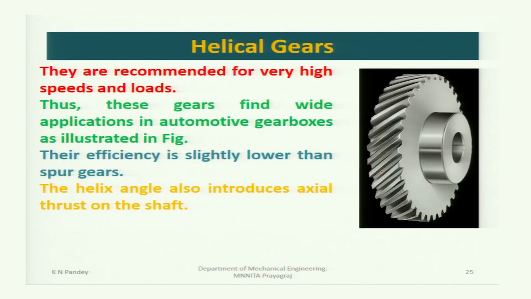Here also you see the helical gear which is inclined to the axis. Well, they are recommended for very high speeds and loads. Thus, these gears find wide application in automotive gearboxes. Their efficiency is slightly lower than spur gears. The helix angle also introduces axial thrust on the shaft.